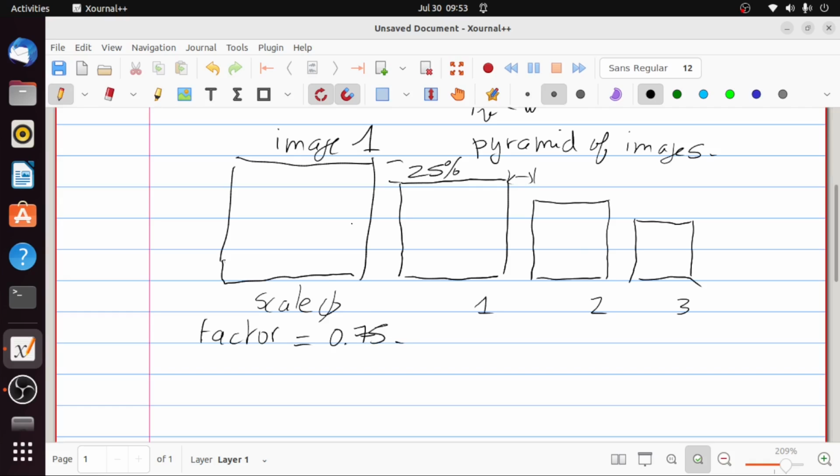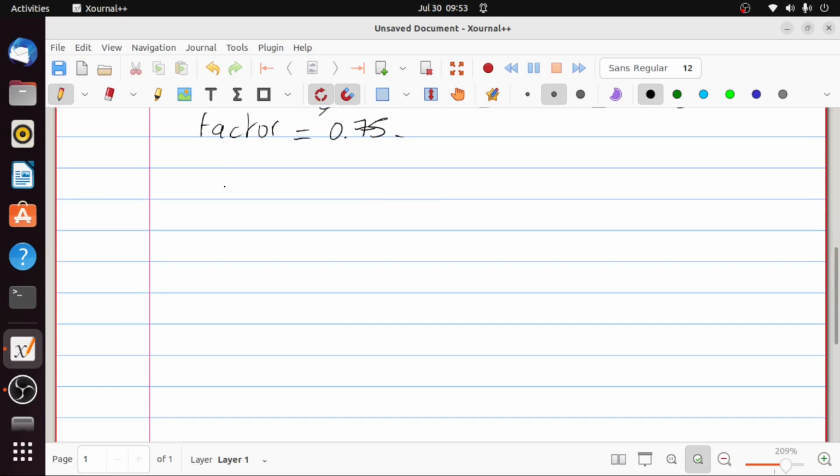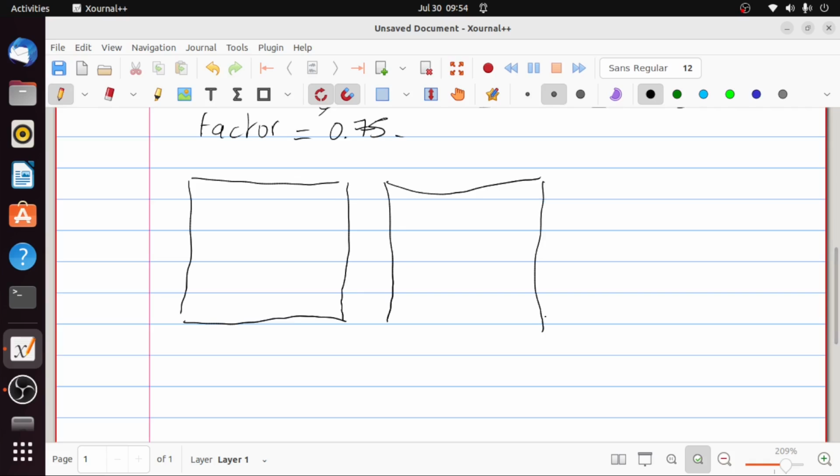Well, you don't have a choice, you have to. And it's because if you look at the initial image, okay, so this is your image 1 and this is your image 2. So for stereo, that would be your left, that would be your right.